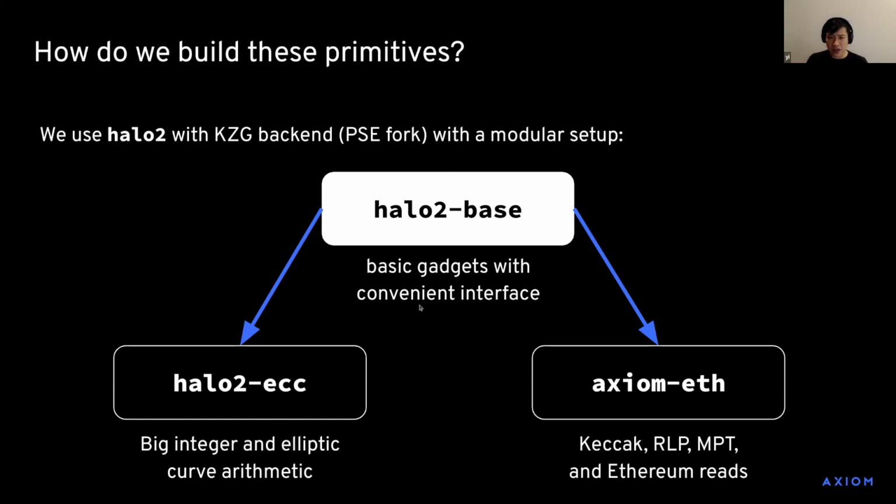It has a very convenient interface that you can check out. On top of that, we built Halo 2 ECC, which is a library to do big integer and non-native elliptic curve arithmetic. Separately, we built this library Axiom E, which holds Keccak, RLP, MPT, and account and storage proofs.